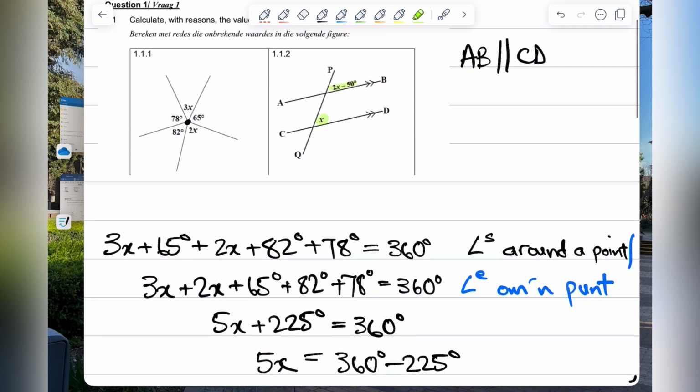So as ons kyk na die posisie van hierdie twee hoeke, as jy jou hoekverhoudings ken, as dit kom by ewewydige lyne, dan weet jy dat daai natuurlik ooreenkomstige hoeke is. So those are corresponding angles. They are the angles in the same position at different intersection points.